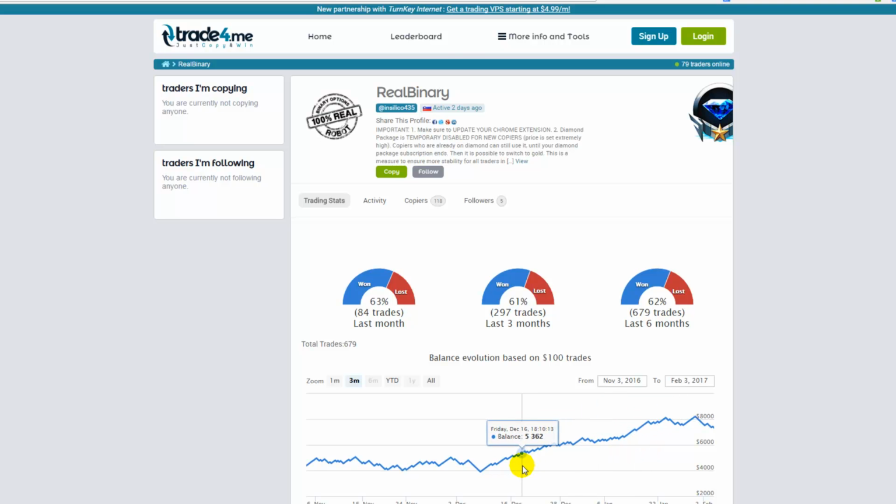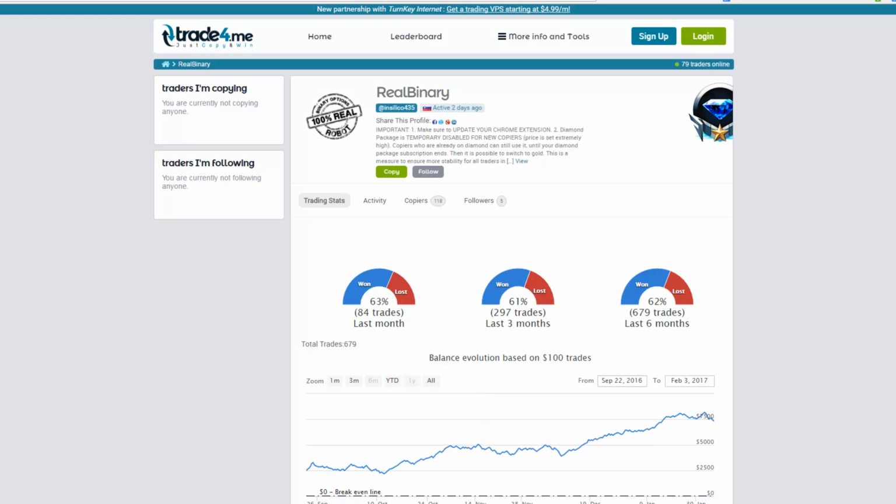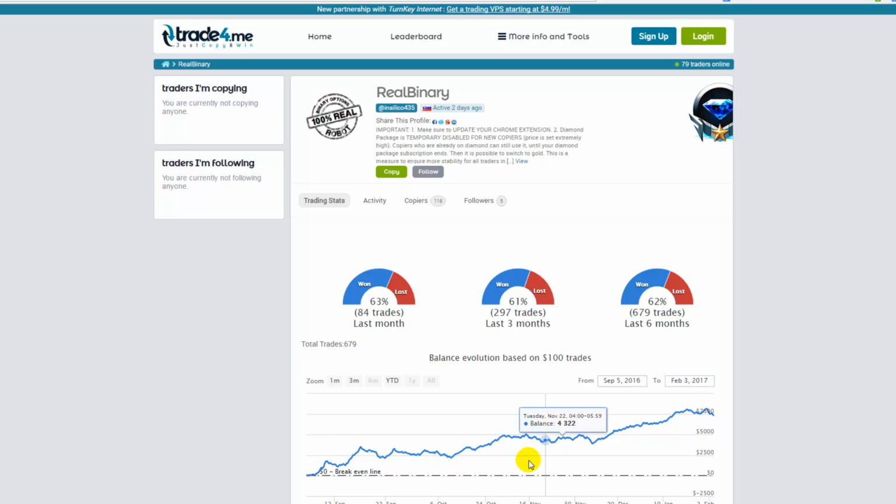But now, if we take a look at, for example, the complete curve, what was happening, we can see also that the biggest drop, for example, here in September when we started, was from 3,500 to 2,100.